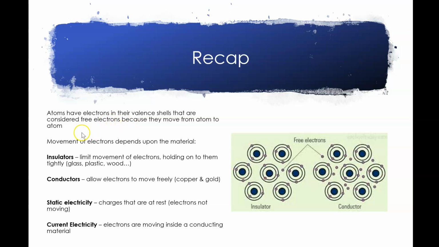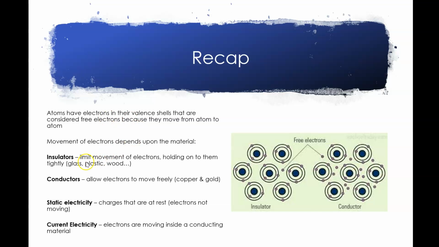We also know that these free electrons can move from atom to atom depending on the material that's composed of those particular types of atoms.